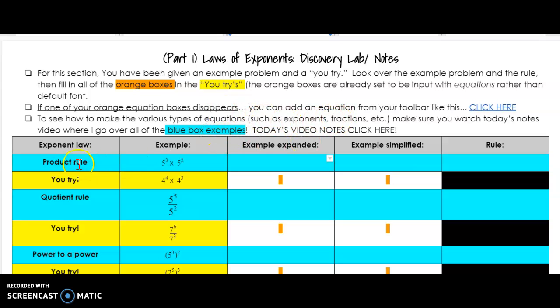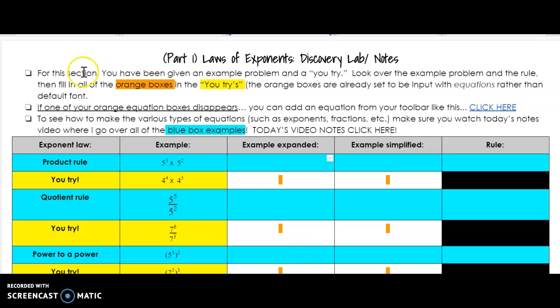So, alright, first is the product rule. Remember, a product is the answer to a multiplication problem. So basically, here is the problem, and it says 5 raised to the third power times 5 to the second power. Just a quick review, 5 raised to the third power means 5 times itself 3 times, okay?